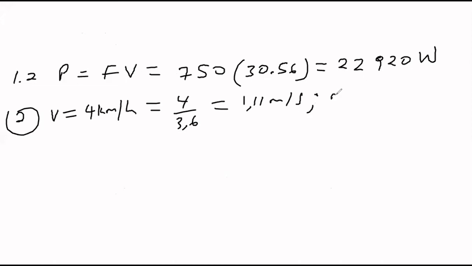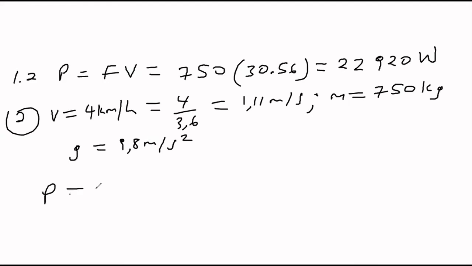What else do we have? We are given the mass, which is 750 kg. We also know g is 9.8 meters per second squared. Then we can make the substitution. P is equal to the force times the speed. The force now is mg, which is the force required to lift the mass, times the speed.